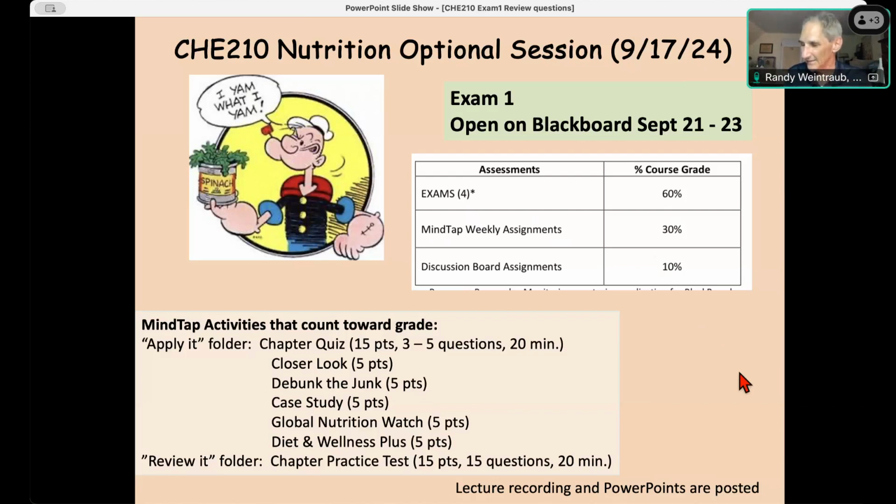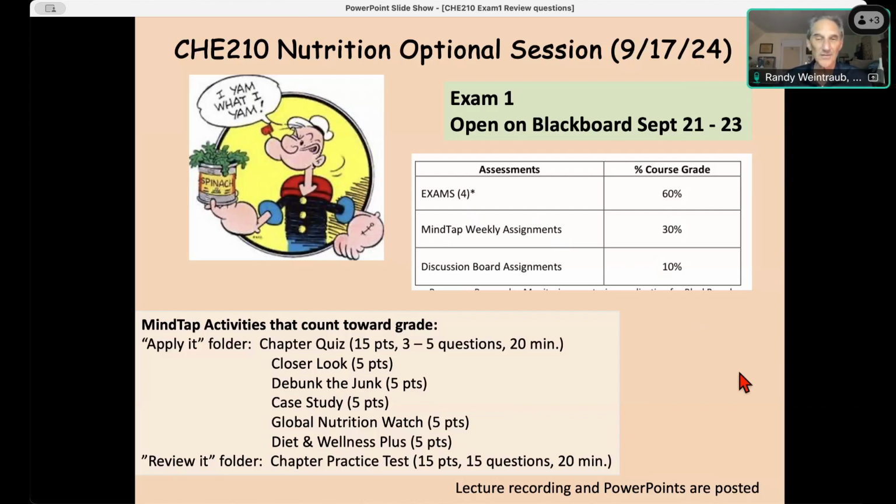So this week has the two chapters in it that opened up, well, started the 16th. That was yesterday. The two chapters are looking at the first two of the macronutrients, carbohydrates and lipids. Lipids, of course, also known as the fats.